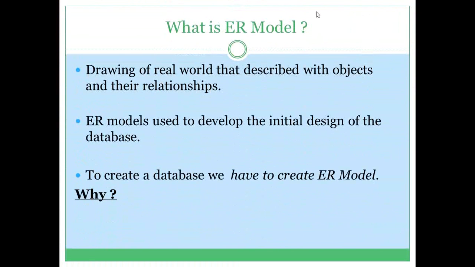So what is the ER model? An ER model is a drawing of the real world that is described with objects and their relationships. ER models are used to develop the initial design of the database. That's the function, the purpose, and the definition of the ER model. To create a database, we have to create an ER model first. Yes, of course. Why?